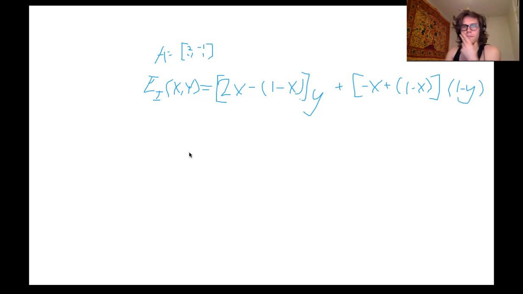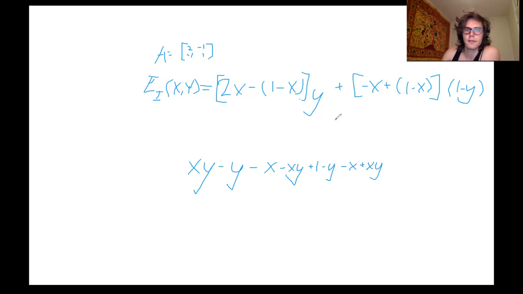Cool. And now if we organize this a little bit, we're gonna get xy, minus y, minus x, minus xy, plus 1, minus y, plus minus x, plus xy.